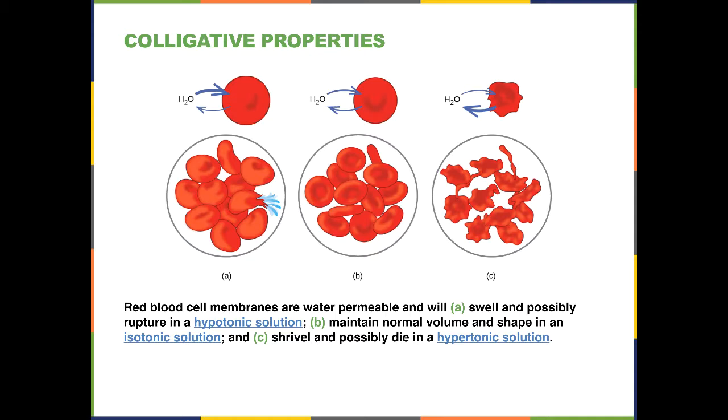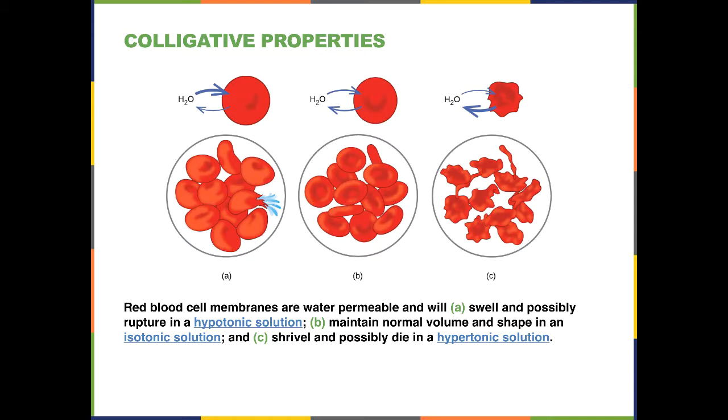Now, in any situation, a solution can be hypotonic, isotonic, or hypertonic. Hypotonic means that the concentration of solute is greater inside the cell compared to the solution. Isotonic means that it's the same, and hypertonic means that the concentration of solute is greater inside the solution.